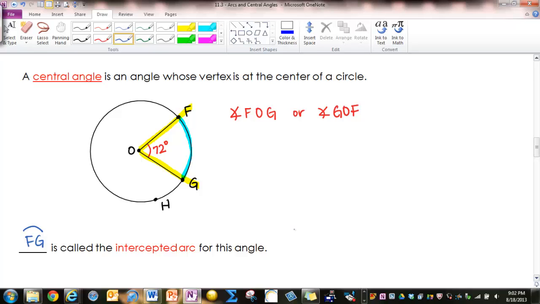And in this case, the measure of arc FG, the intercepted arc, is going to be equal to the measure of our central angle, angle FOG, which in this case is 72 degrees. So the measure of a central angle and the measure of its corresponding arc are equal.